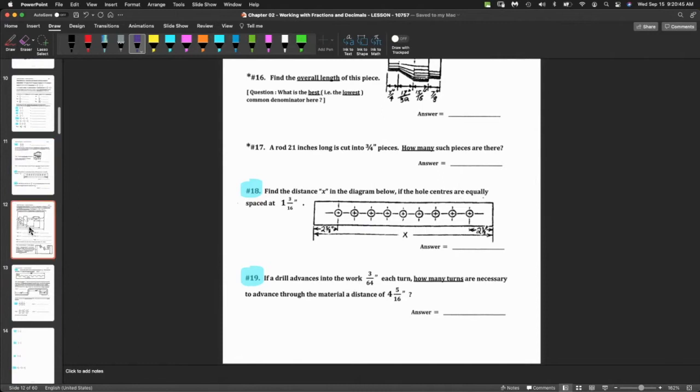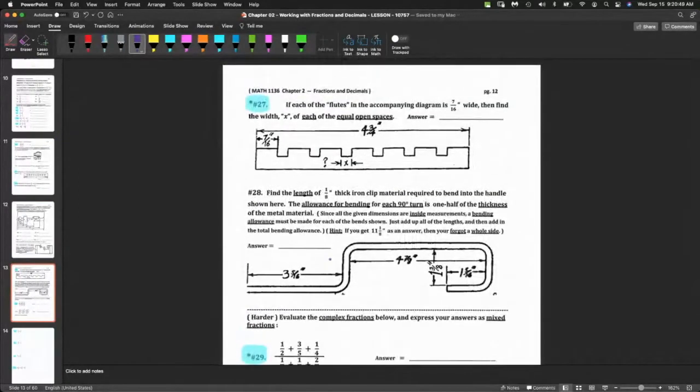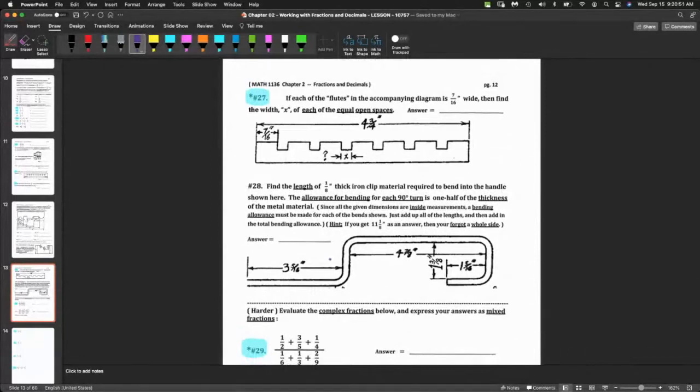There's some more on page 12. I got a little bit ambitious, and I said I'd like to get all of these done in addition to the next section. So we're going to spend about 20 minutes trying to do as many of these as we can. It might be unrealistic that we answer all of them, but we'll see how it goes.